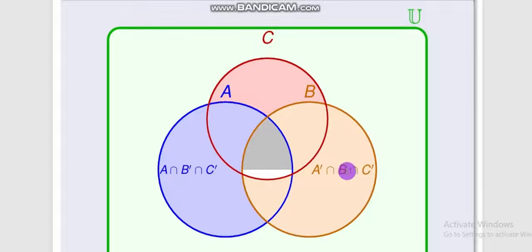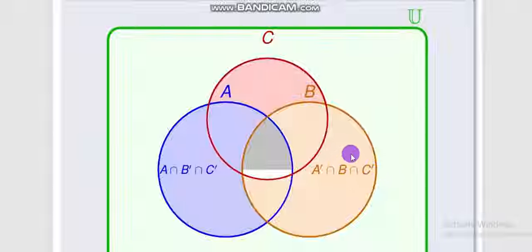You see, this is where you have elements that are in B but not in A and not in C. They are in A complement because this region is outside A. You see, this is circle A. It doesn't extend to this region, so this region is outside A. This region is also in C complement because it is outside C. So A prime intersection B intersection C prime.